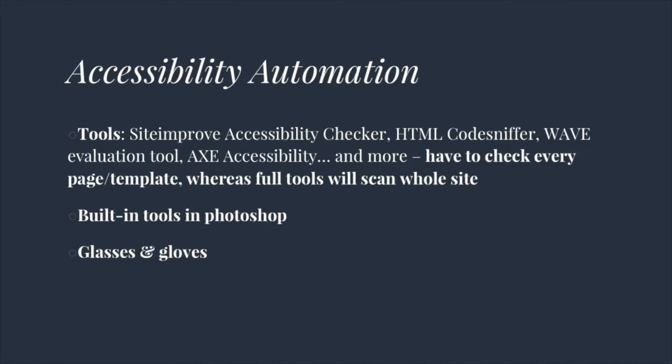And you mentioned tools. Do you have any tools that you would recommend for automation? Yeah, so there are actual, full tools that will scan a whole site for you and return a report. But those are usually behind a price tag. Sure. You can use browser extensions like Chrome. I personally use SiteImprove, and they also have a full tool which will, like I said, scan the whole site, but with their extension you would have to do it page by page.